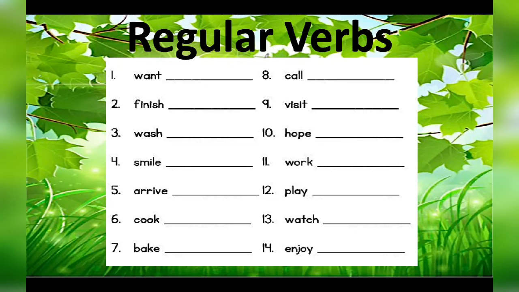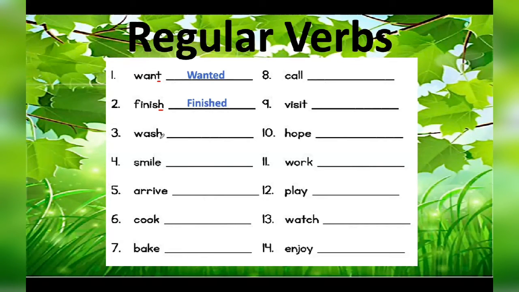So want will be changed into wanted. Why? Because T was a consonant, and when we have a consonant at the end, we just add ed in it. Here again we have the verb finish, and we have the consonant at the end, h. So we'll add ed in it: finished.